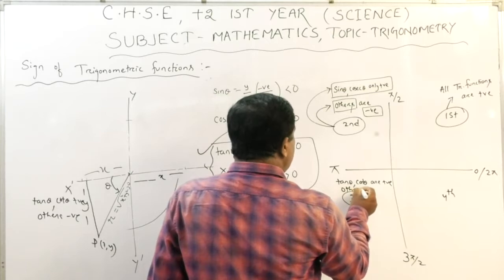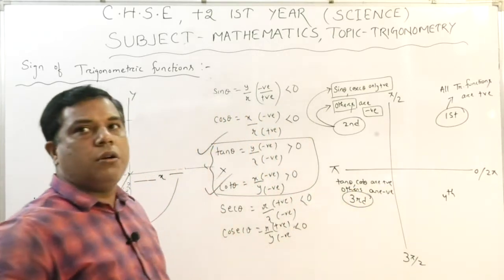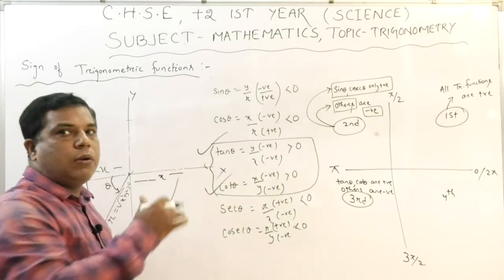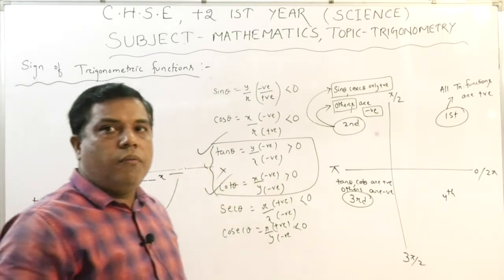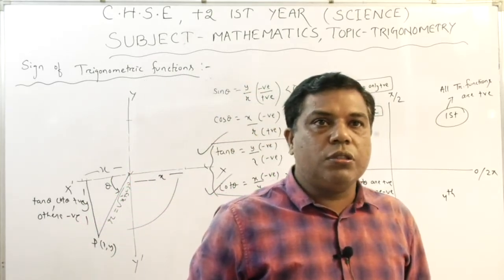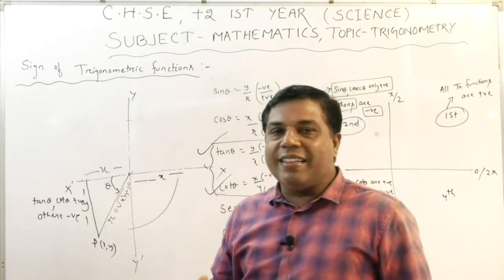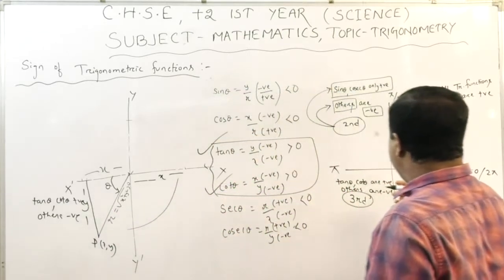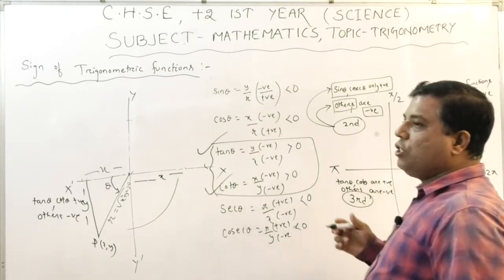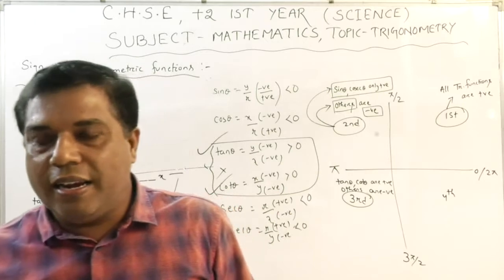That is the conclusion drawn from the signs of trigonometric ratios of the third quadrant.